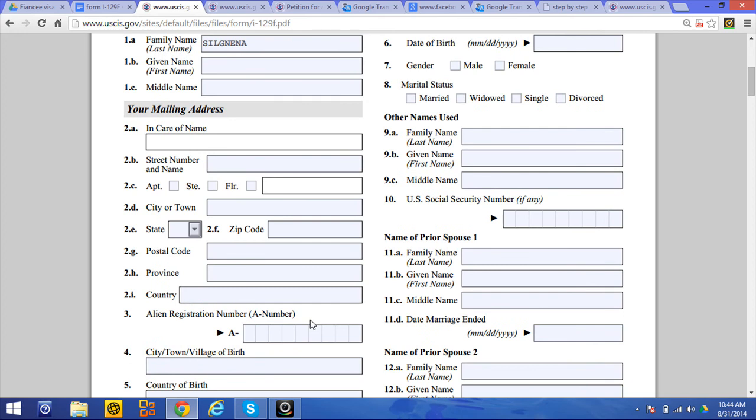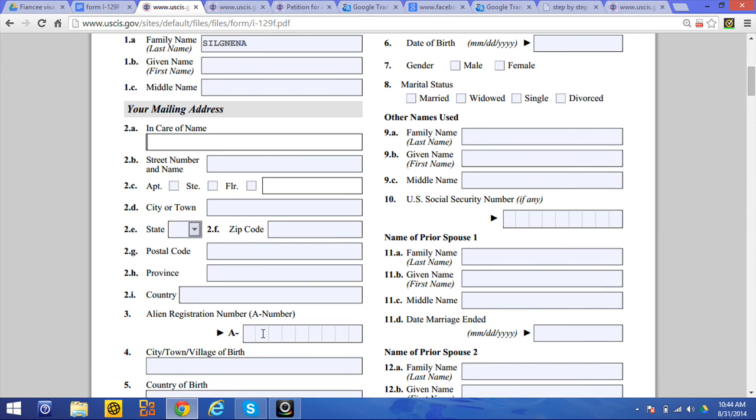For Question 3, they ask about the alien number. If you were born in the USA, most of the time you don't have any alien number. But a U.S. citizen will have an A number only if you once held a green card.